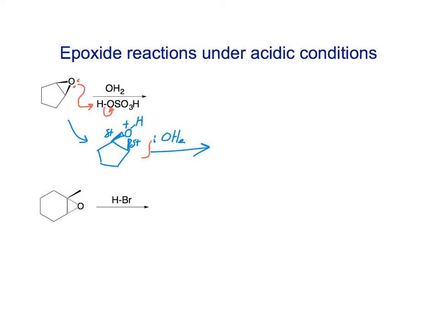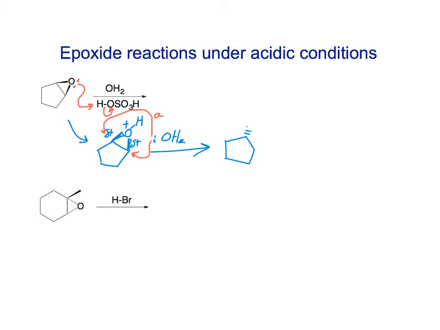So the water can come in from this side, on the opposite side of the oxygen, or it could come in from this side to be on the opposite side of the oxygen. Let's label this as pathway A, and so if we opened it up that way, we would get the new alcohol.